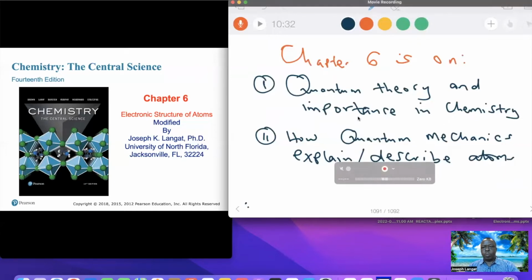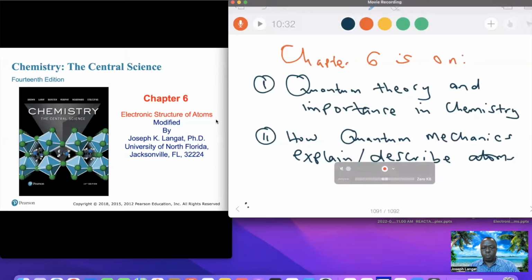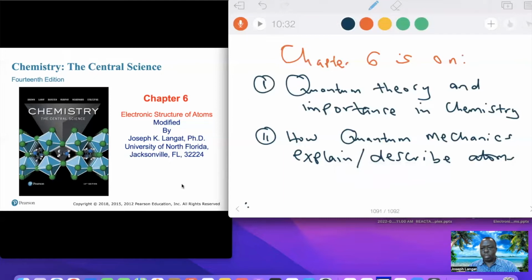In chapter 6, quantum theory also explains the importance in chemistry and how quantum mechanics describes atoms. This is all what we look at in chapter 6.